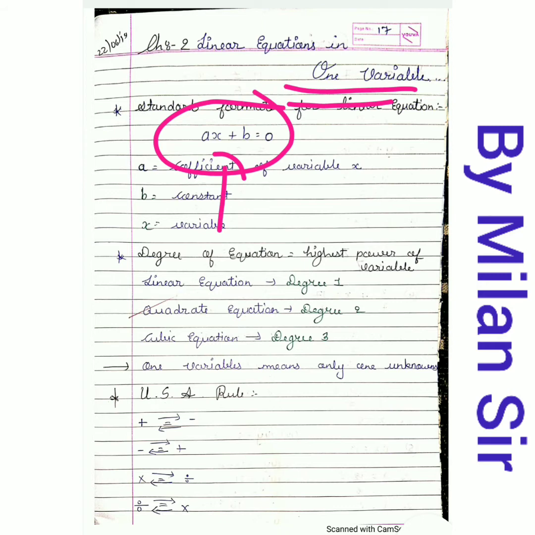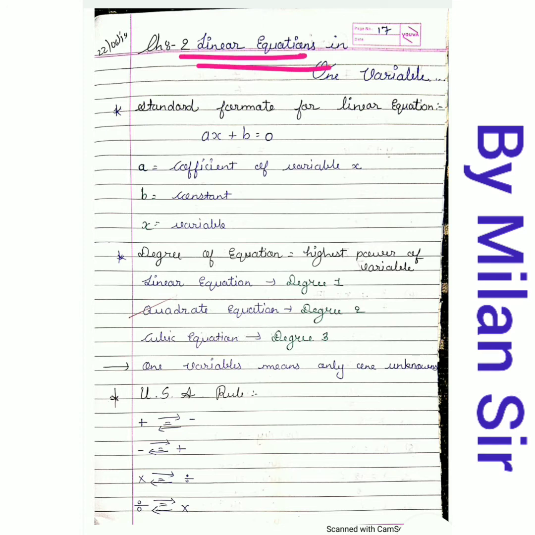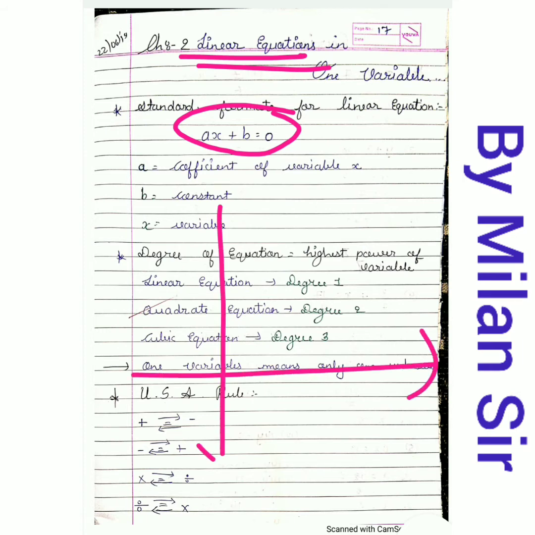In further study, in standard 9 and 10, we learn about linear equations in two variables. One more thing, why is it called a linear equation? Because if we draw the graph of this equation, we always get a straight line.